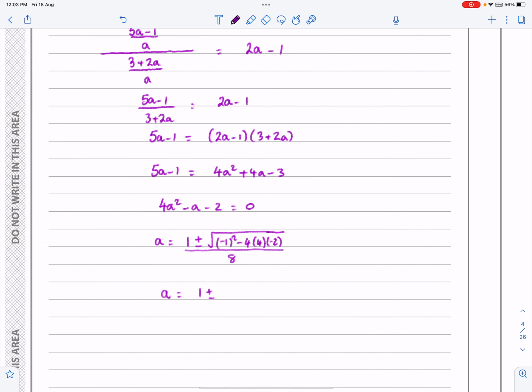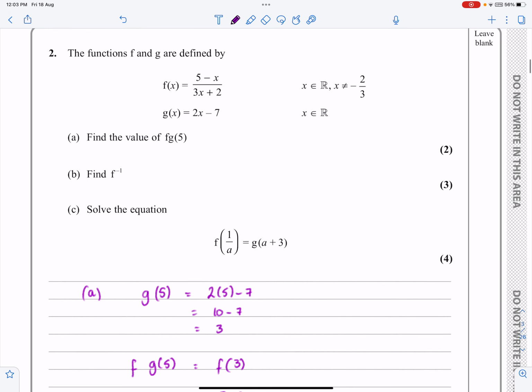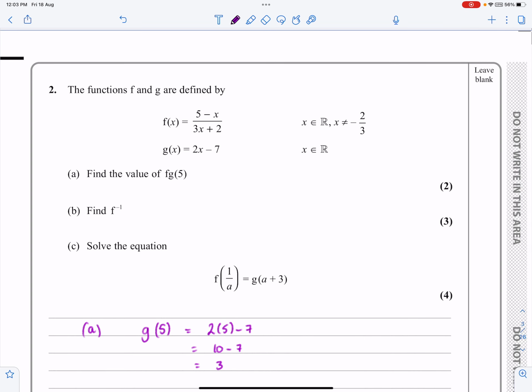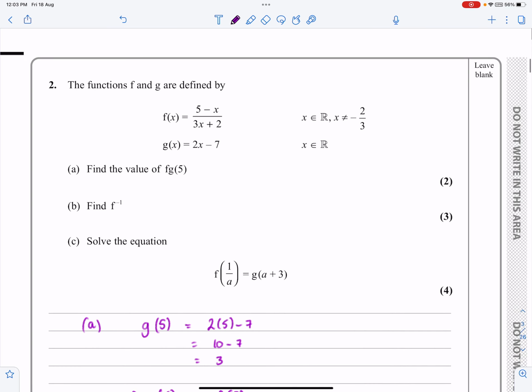In this case, a works out to be 1 plus or minus root 33 over 8. Let's just go back and check that there aren't any limitations, which would mean that, no, just to solve it. So I don't need to take the positive or the negative or whatever else like that. Yeah, hopefully we've got all 9 marks on that one. Hope that makes sense.